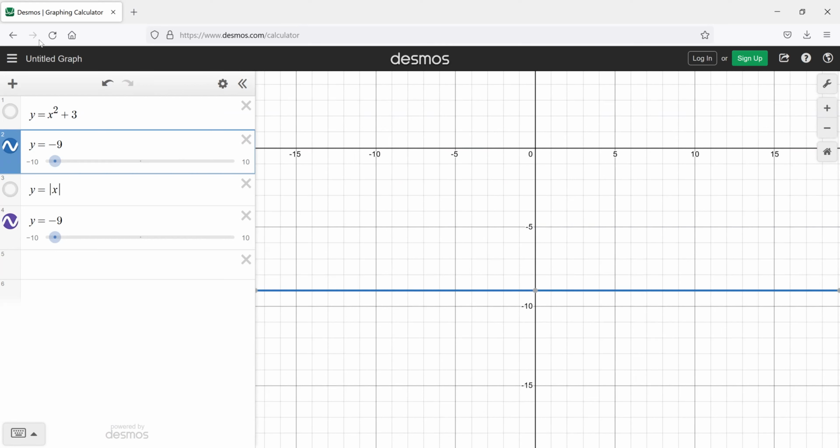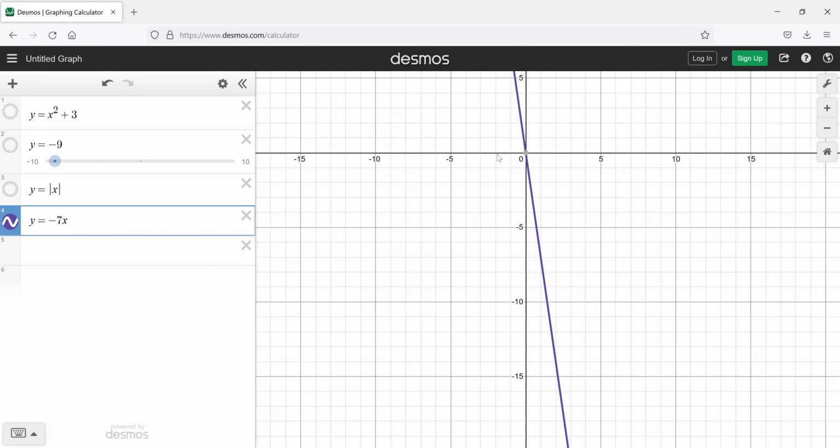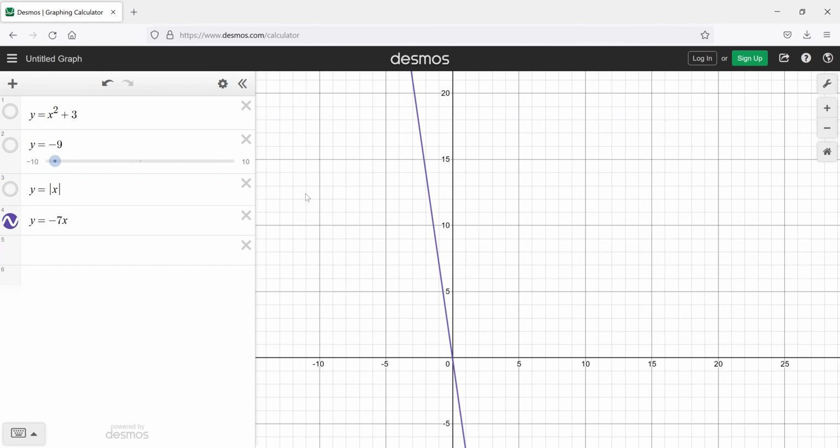Okay, so now let's talk about what is the correct answer. The correct answer is C, -7x. Notice this line goes down and to the right. So a horizontal line is only going to hit it one time. And that's how you know that it has an inverse, because it hits it one time. Okay.